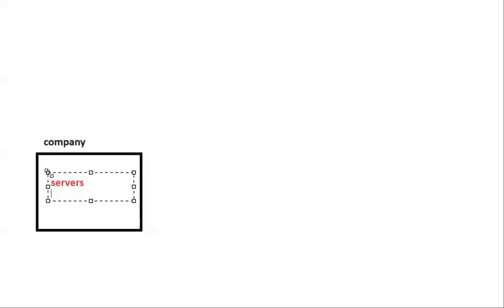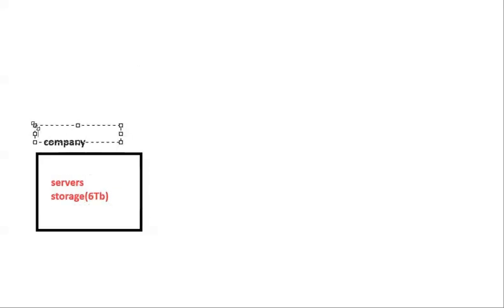Yes, I need storage for these servers. Let's say in my company, I have 6 TB of storage.